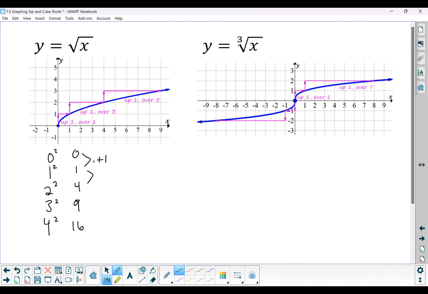So in this case, it will be over 1, over 3, over 5, over 7, if we could fit it. So if we think about the same thing with powers of 3, starting with 0, 0 to the third, 1 to the third, 2 to the third, 3 to the third. The way that cube roots grow sideways is a 1 and a 7.